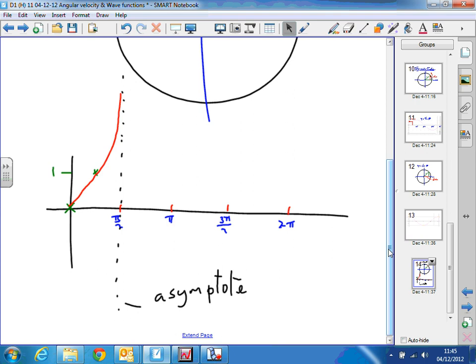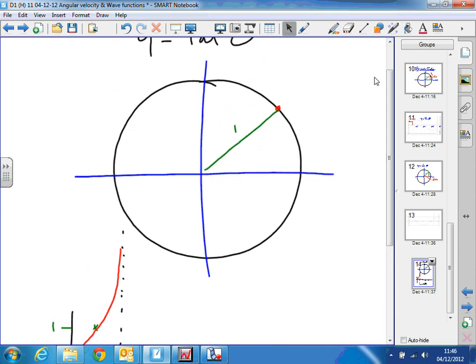Now let's look back at our circle. At this point here, we're at infinity. I go just a slight distance beyond there, and what happens to the sign? Now this is a negative number. The opposite side is still positive, but the adjacent is negative, so it goes negative, but a negative really big number.